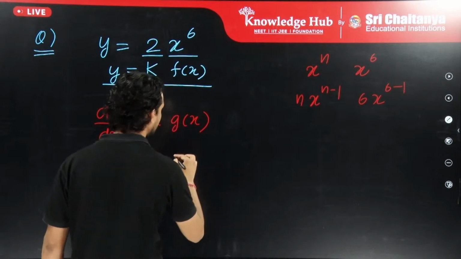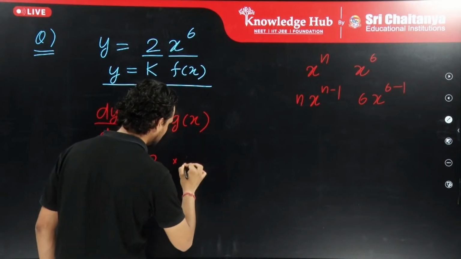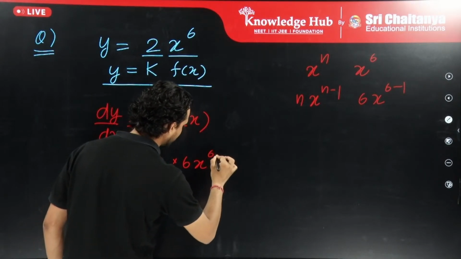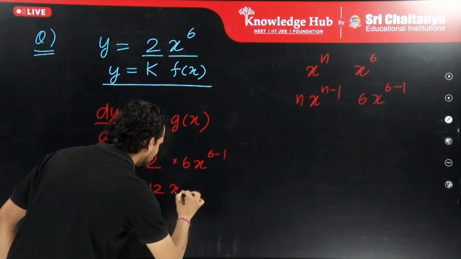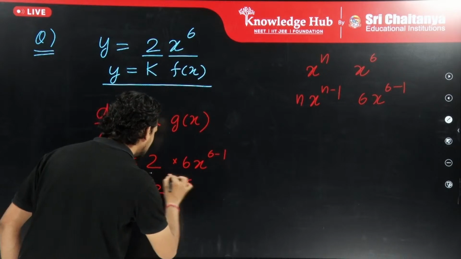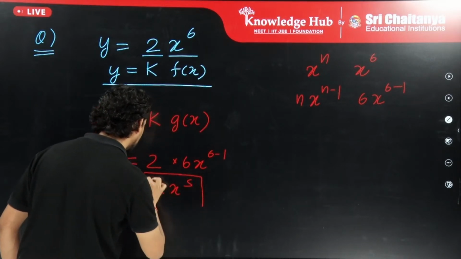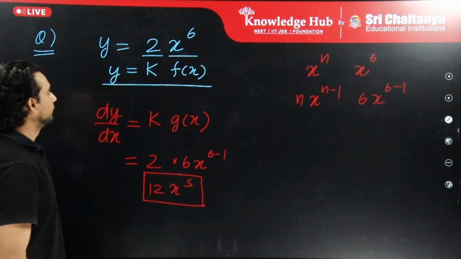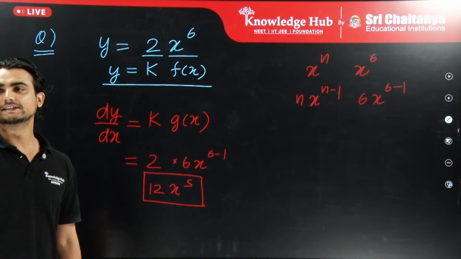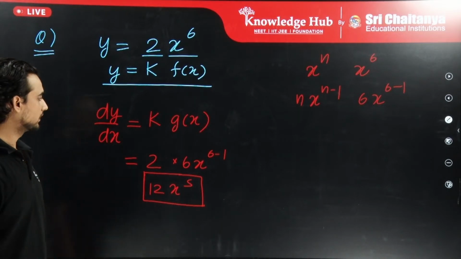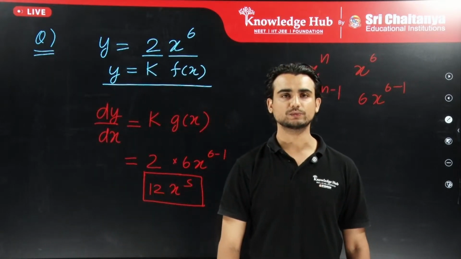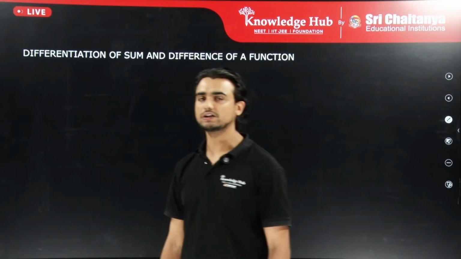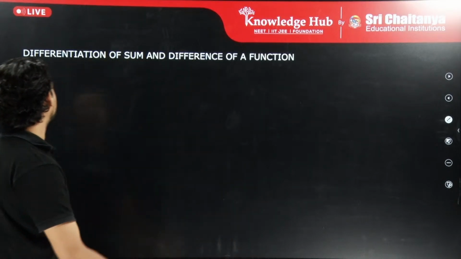I get 6 into x raised to 5, and 6 twos are 12, so 12 x raised to 5. This is the derivative of my function y equals 2x raised to 6. I hope the first rule is clear to you. Now let's move to the second rule.